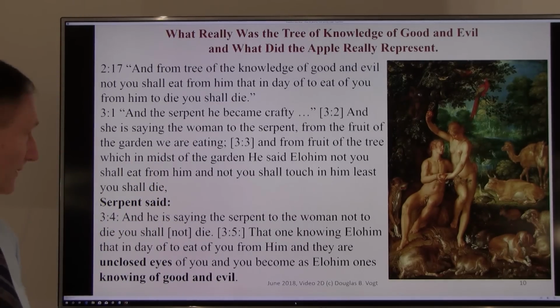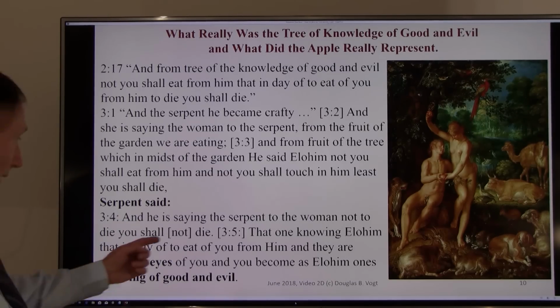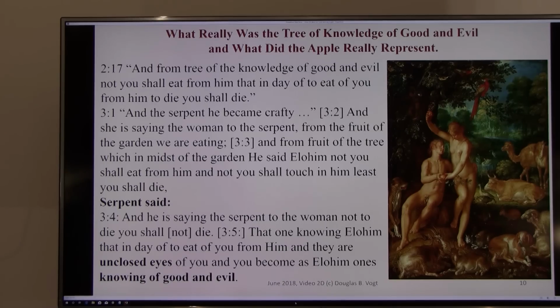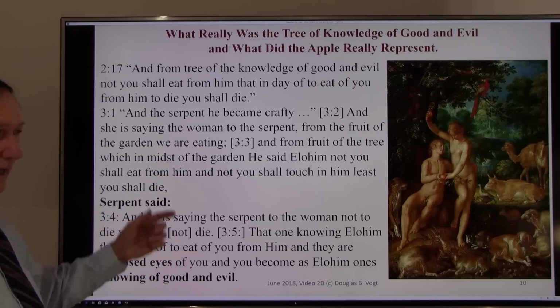It's important. Serpent said, 3:4, and he is saying, the serpent to the woman, not to die you shall not die. That one knowing Elohim in that day of to eat of you from him, and they are unclosed eyes. Now, in other words, they had closed eyes.